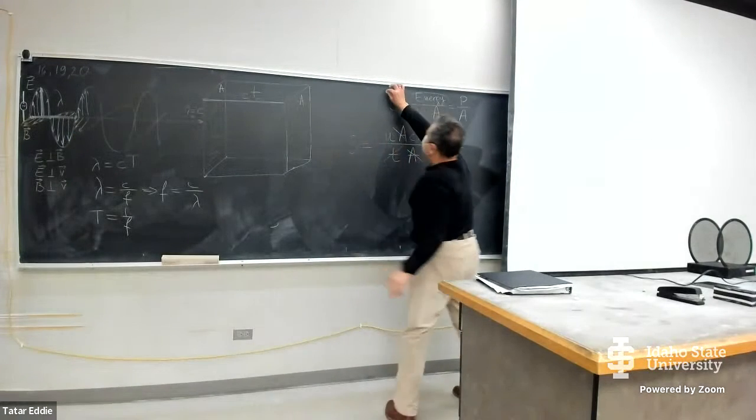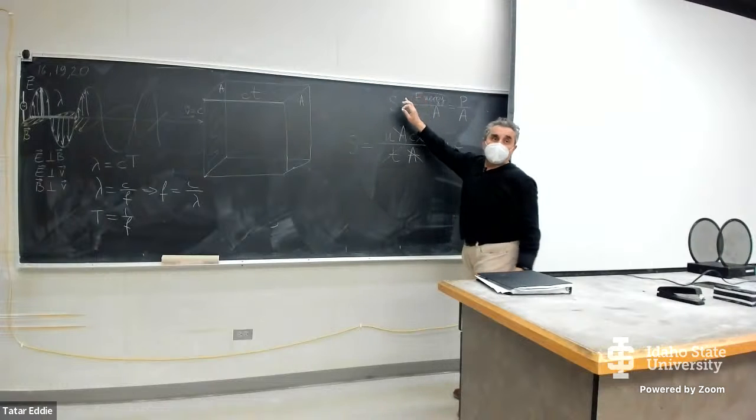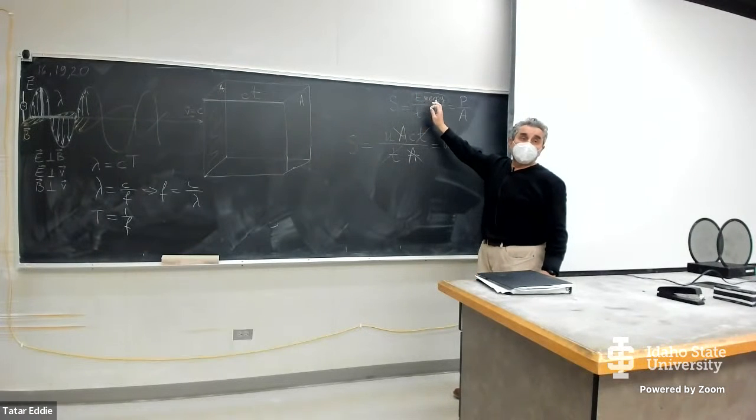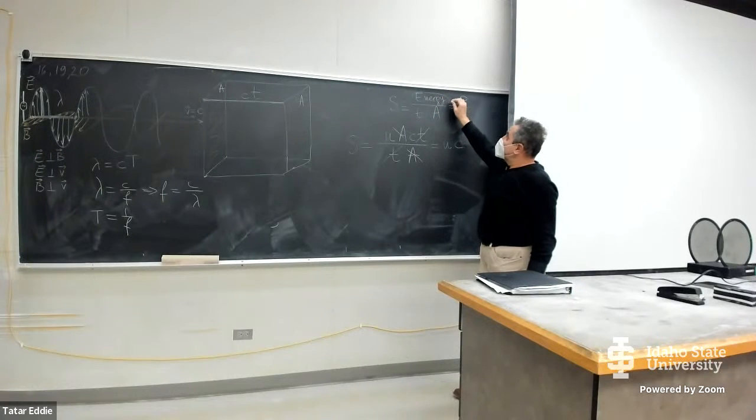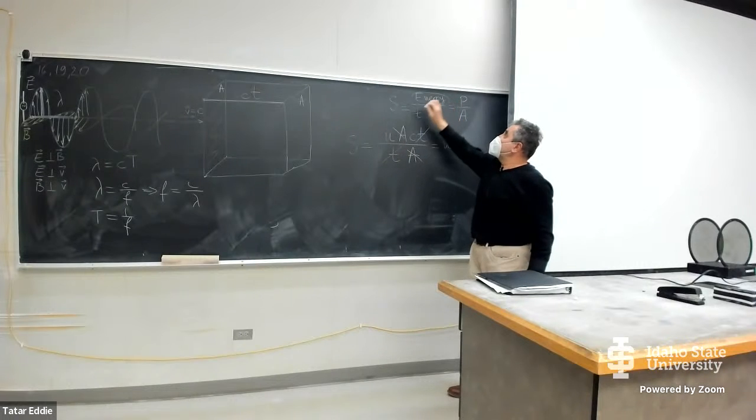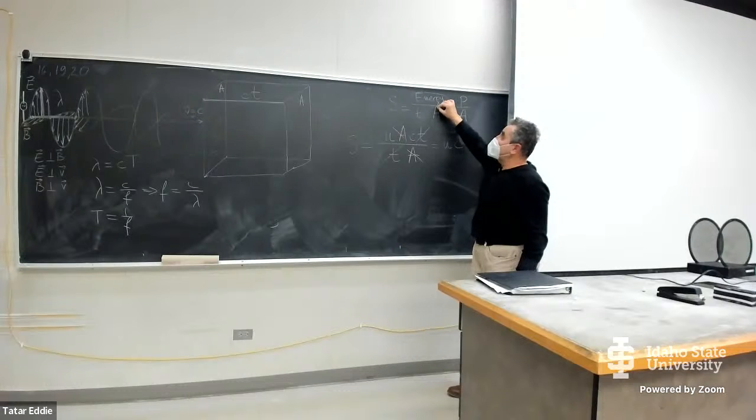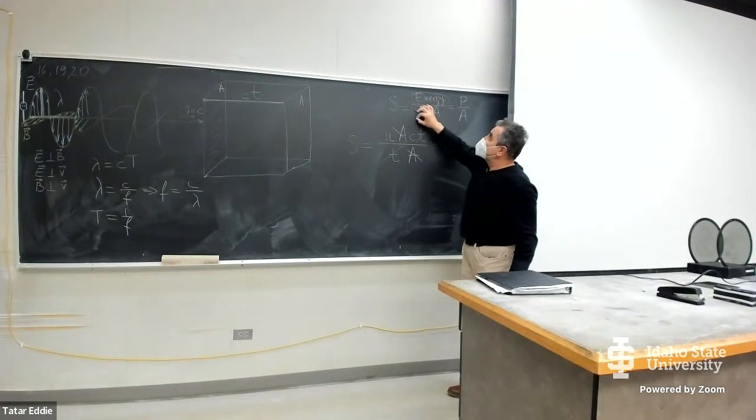So this equation is the definition for intensity, for brightness of electromagnetic wave. And this equation says intensity is the energy that crosses area A, perpendicular to the direction of propagation, per unit time.